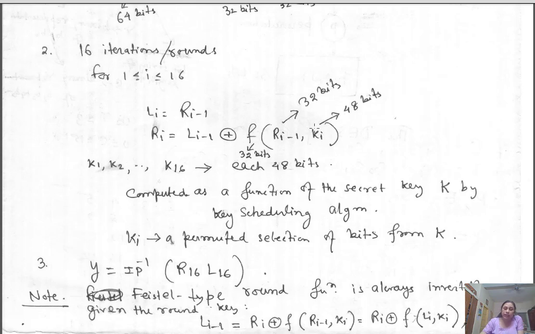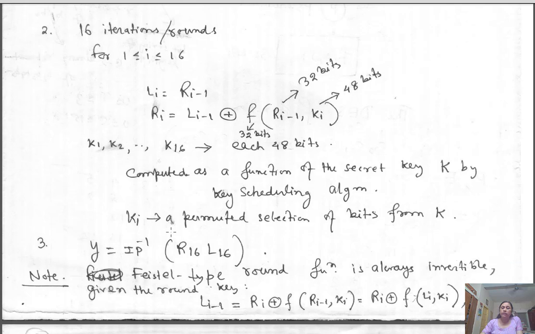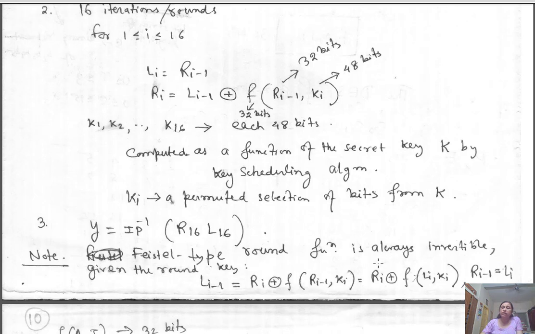Now you can see this specification of how the function is defined for DES. We are going to discuss that, but before that, let me explain that this function is easily invertible while you fix the round key. This function should be such that it is invertible once the round key is fixed. A Feistel type round function is always invertible given the round key.